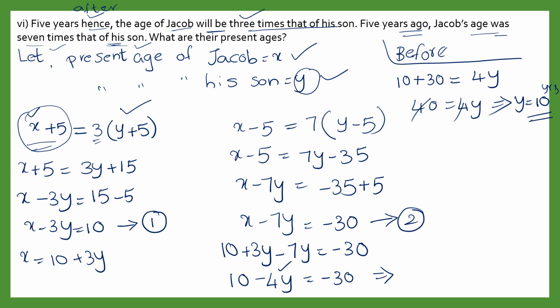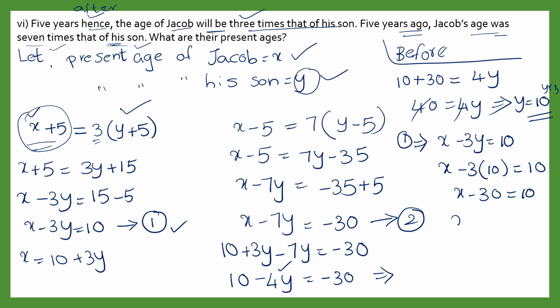Jacob's son's present age. If you take the first equation, what is the first equation? x minus 3y is equal to 10. You got the value of y as 10. Substitute that. x minus 3 into 10 is 30 is equal to 10. x is equal to 10 plus 30. That is 40.